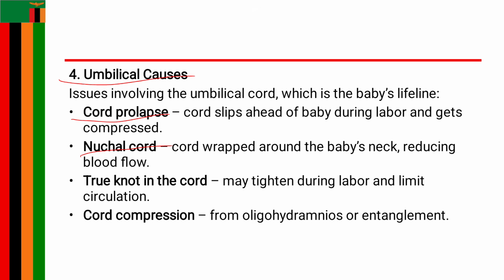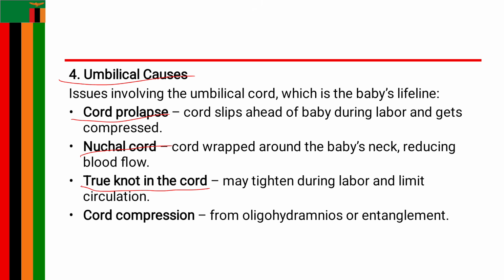Remember, during the mechanism of labor, during the second stage of labor, when the baby's head is out, you need to go through the neck to feel for the umbilical cord. If there's no umbilical cord, you wait for restitution to take place. But if there's an umbilical cord, you need to do maneuvers to make sure that the cord is not clamped, because the baby will be deprived of oxygen.